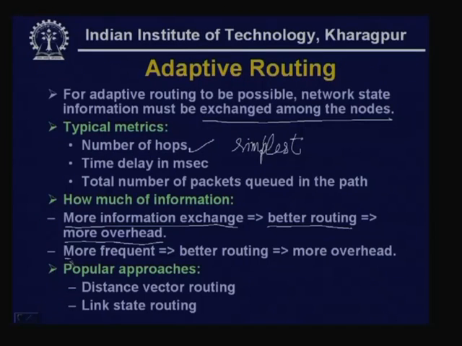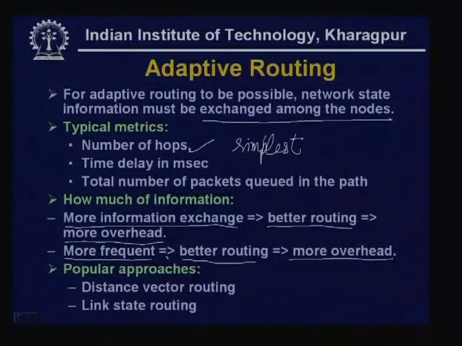Another important parameter is frequency. That means, if it is more frequent, you can perform better routing, but it will be more overhead. If the information gathering takes place more frequently, then obviously the routing will be better.